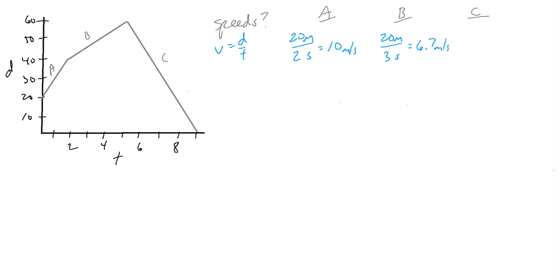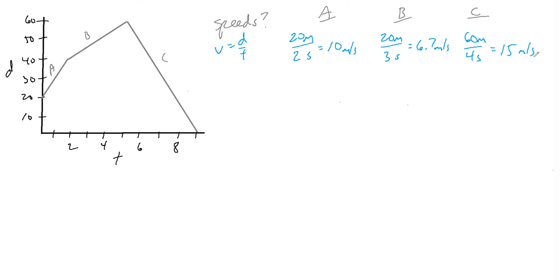And then go to the last part, C, went 60, because it starts at 60, goes all the way back down to 0. So they actually traveled 60 meters in that part, and that went from 5 to 9 seconds. That was 4 seconds. So I'll divide those two out, which gives me 15 meters per second.